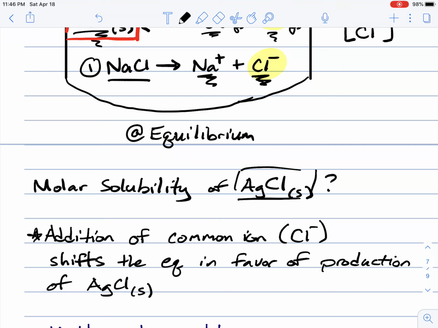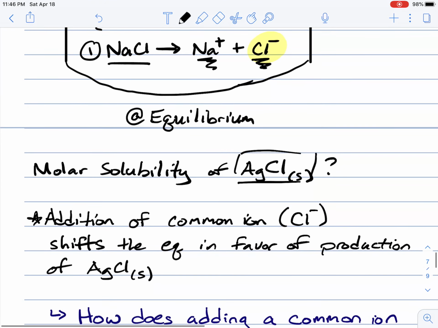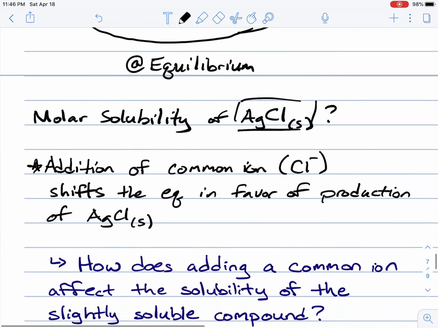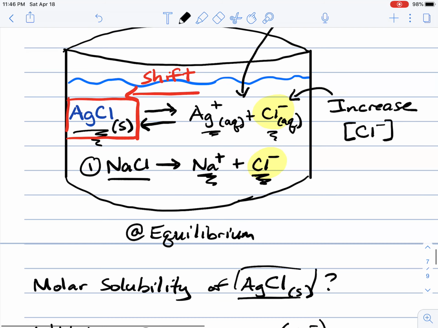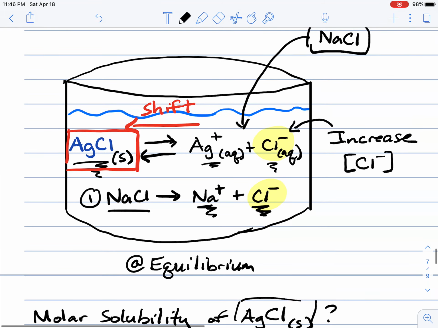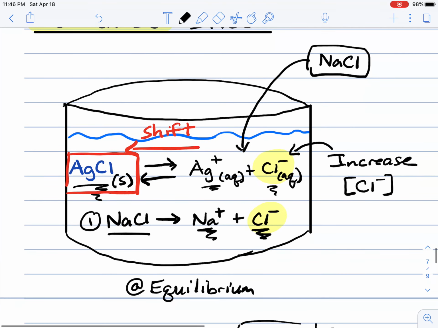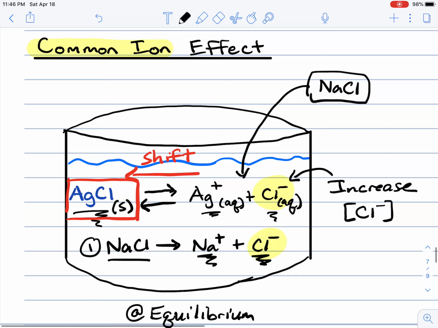Okay. And that's great, that's what we learned when we were talking about Le Chatelier's principle, and that's pretty much the extent of Le Chatelier's principle with respect to the common ion effect.